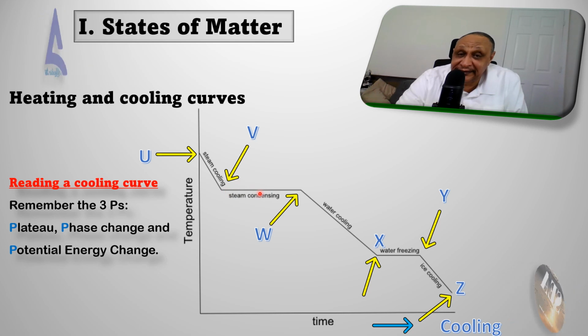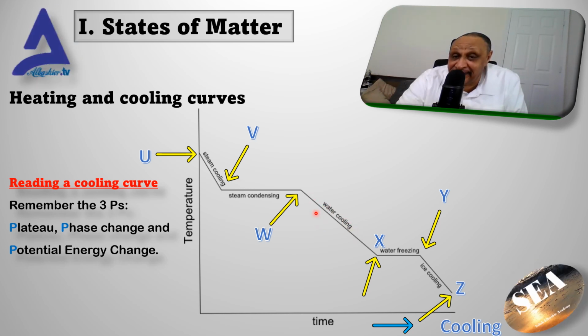Now we have gas in addition to some liquid. Then after that, at this point, the gas starts to liquefy and becomes water. So we cool it now, and the gas state changed into liquid state.